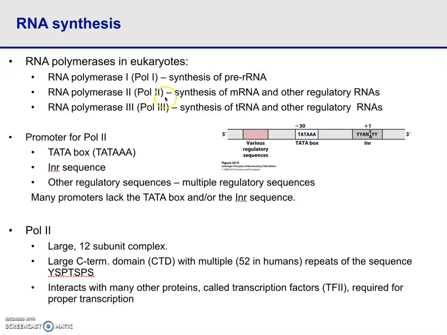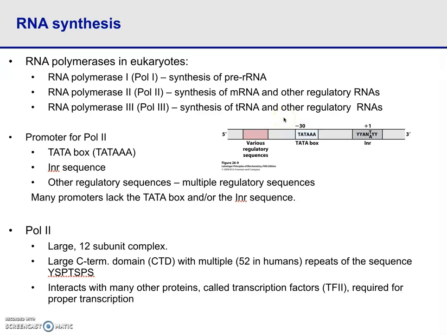RNA polymerase 2, or POL2, is the polymerase that synthesizes the messenger RNA and some other regulatory RNAs that are part of the original RNA or gene structure that is part of the gene. RNA polymerase 3 synthesizes primarily tRNAs and some other regulatory RNAs.